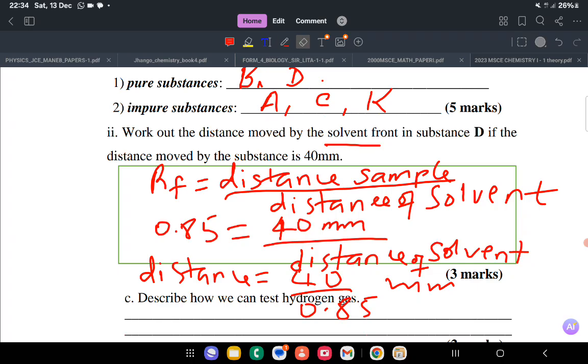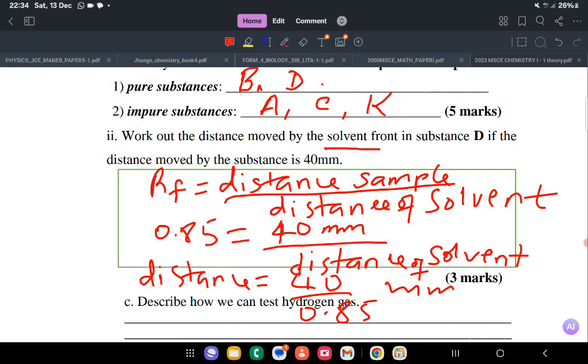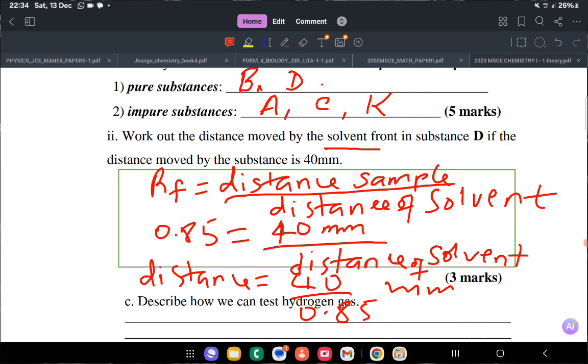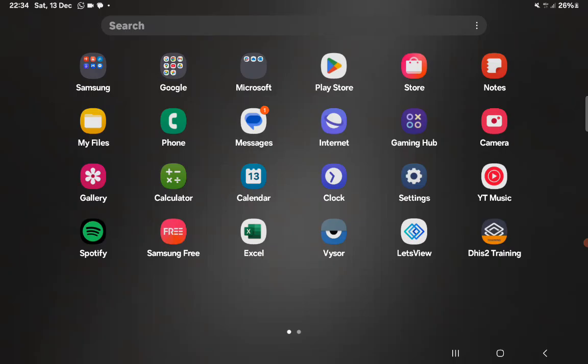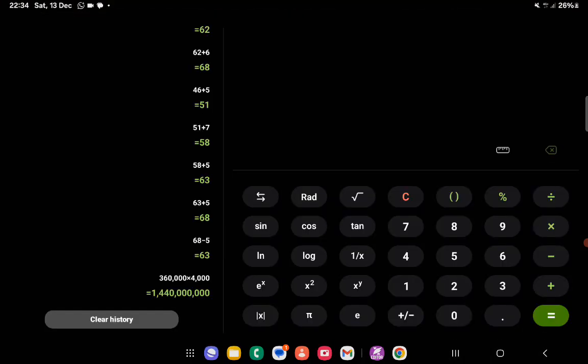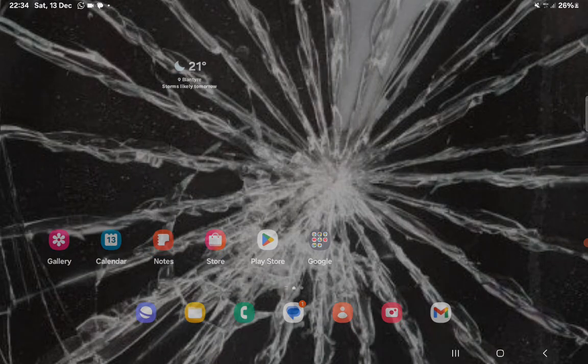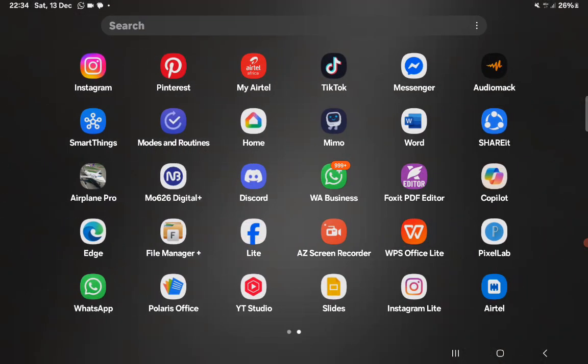So we substitute and calculate: 40 divided by 0.85 is 47. The answer is 47.